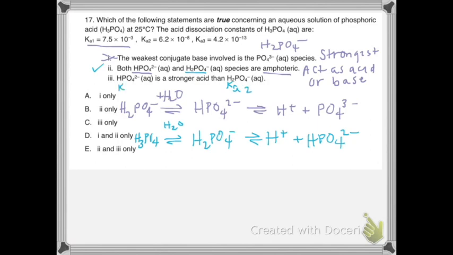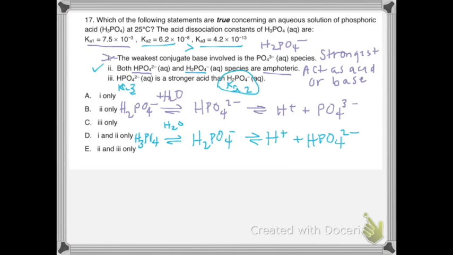The dissociation of HPO4 2 minus would be Ka3. And so we can see that Ka2 is bigger than Ka3, making the H2PO4 minus stronger.